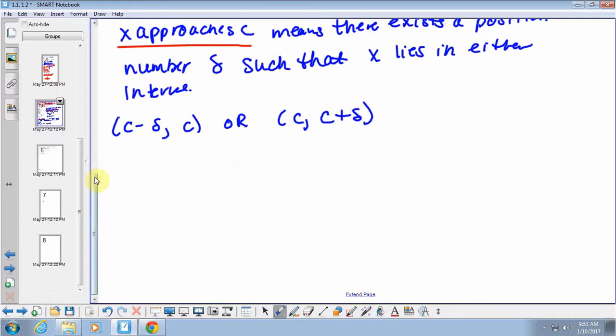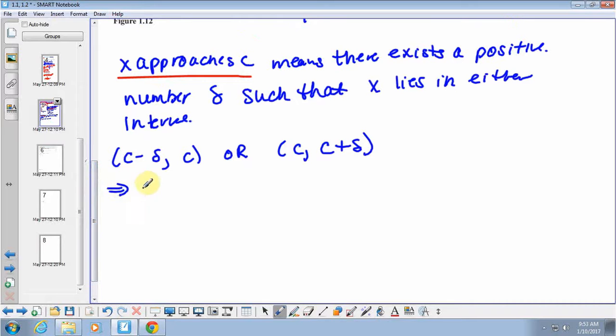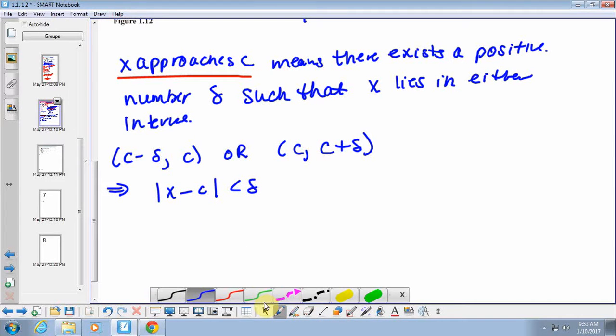And if it lies in one of those intervals, what that means for us is that the absolute value of x minus C is less than delta. We didn't have to put that 0 there because absolute value implies what? It's bigger than 0.